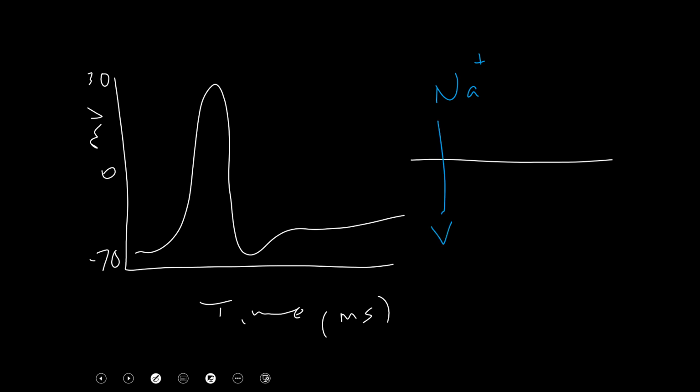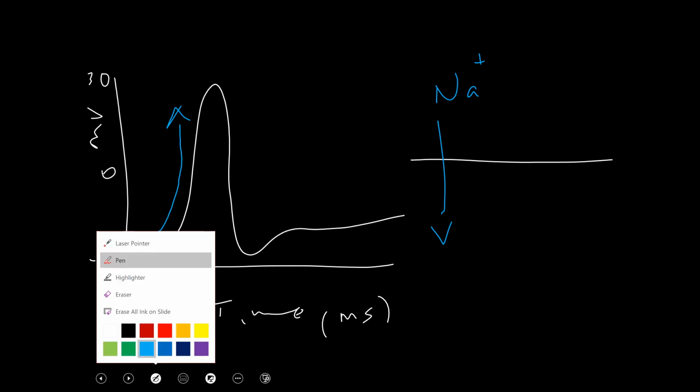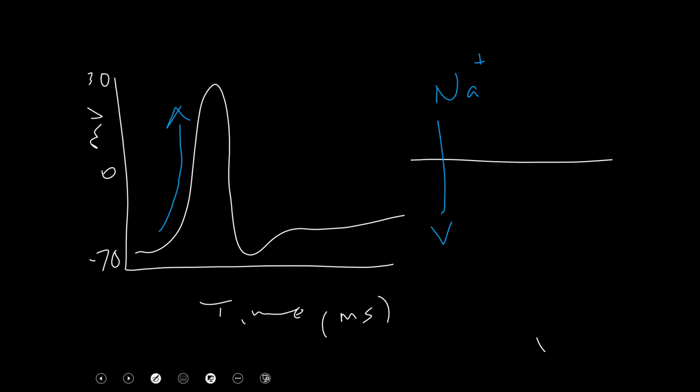And that is what causes the cell to become depolarized. The cell is becoming depolarized now, all due to the influx of sodium. And I guess I should write that somewhere here. Give me just a moment. So this is intracellular. That is extracellular.